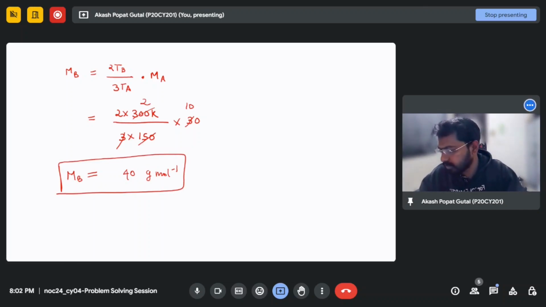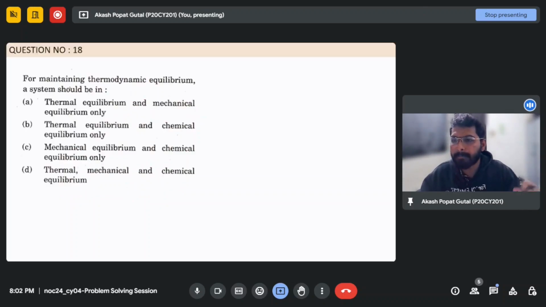So the next question is here. For maintaining thermodynamic equilibrium, a system should be in thermal equilibrium and mechanical equilibrium only, thermal equilibrium and chemical equilibrium only. The C option is mechanical equilibrium and chemical equilibrium only, and D option is thermal, mechanical, and chemical equilibrium. So what should be the answer? We know from our previous discussion what kinds of equilibrium are involved in thermodynamic equilibrium.